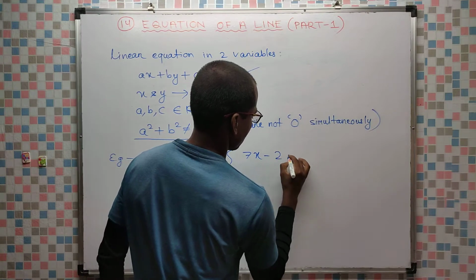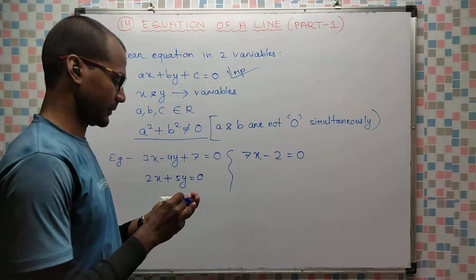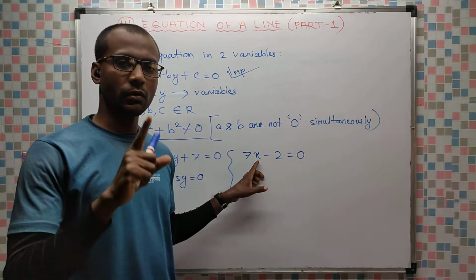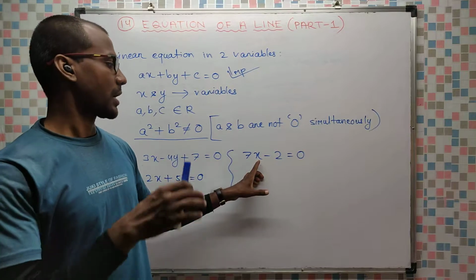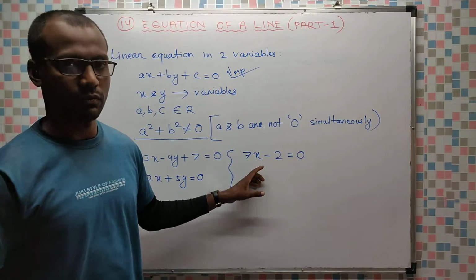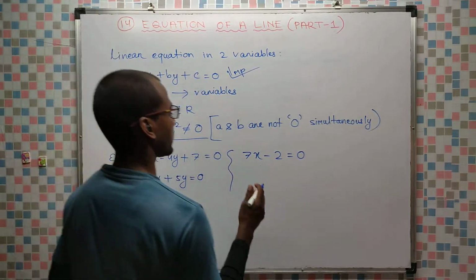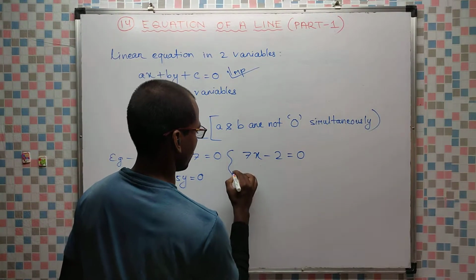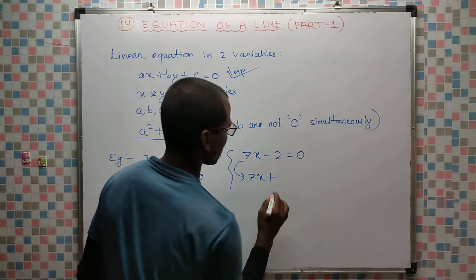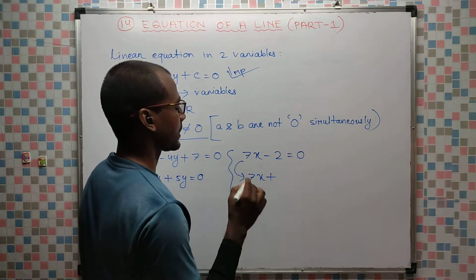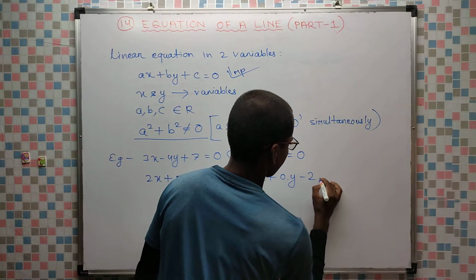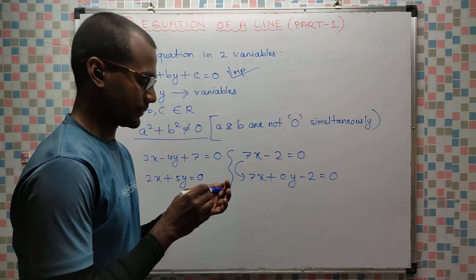7x minus 2 is equal to 0. If you see this, it is actually a linear equation in one variable. But I have given it as an example in linear equation in two variables. Why? Because it can be written as 7x plus 0 into y minus 2 is equal to 0.